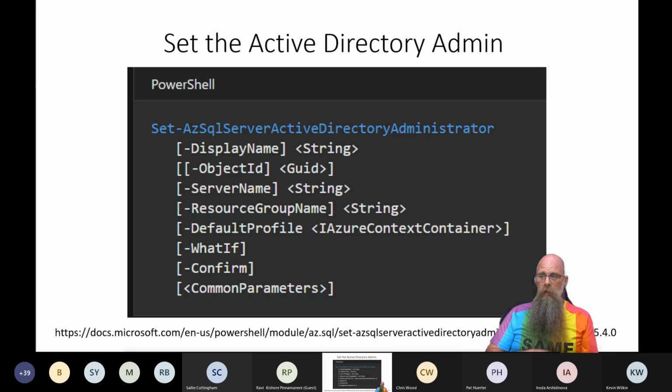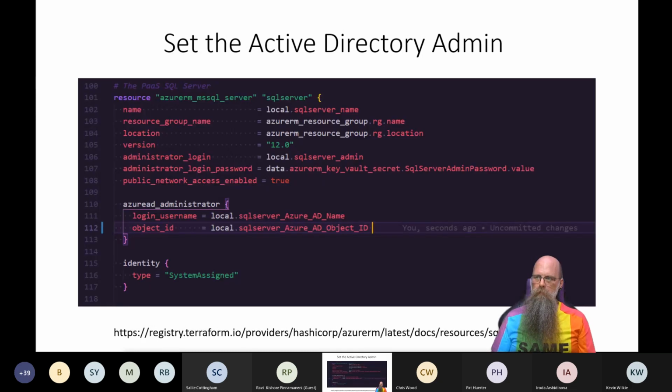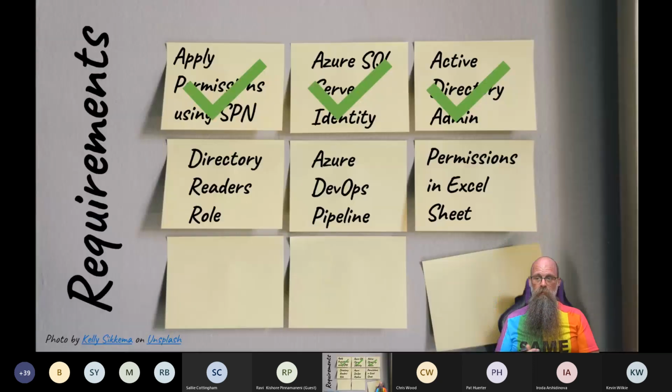If we're doing it in PowerShell, then we have to use the beautifully titled Set-AzSqlServerActiveDirectoryAdministrator command and pick the server name and the object ID of the user that we're going to put in. If we're doing it in Terraform or we're doing it in Bicep, then we'll have an Azure Active Directory Administrator or Azure AD Administrator block where we can pass in our username and object ID that we want. Great, that's pretty easy. Once we've set those things up, then they're done.